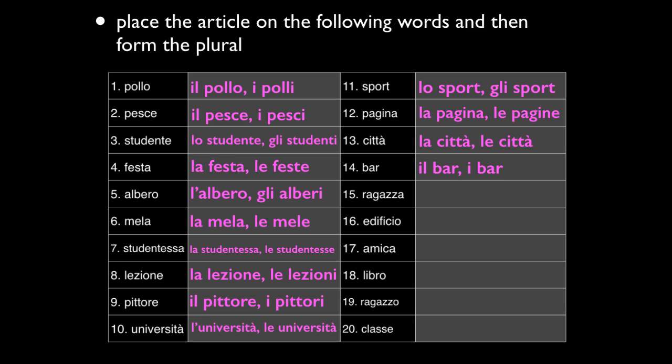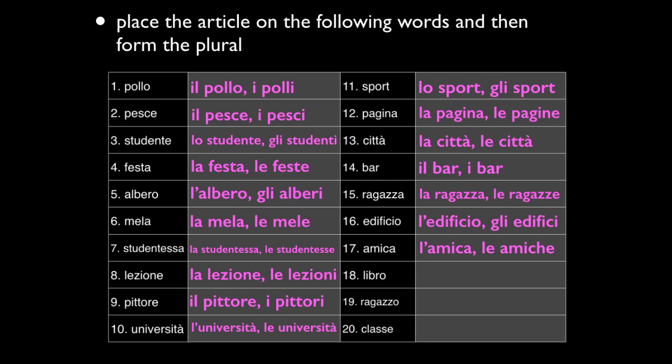15, la ragazza and le ragazze. 16, somewhat interesting ending here to form the plural, but we have l'edificio and gli edifici. Notice the dropping of the O to form the plural. 17 is l'amica and le amiche.